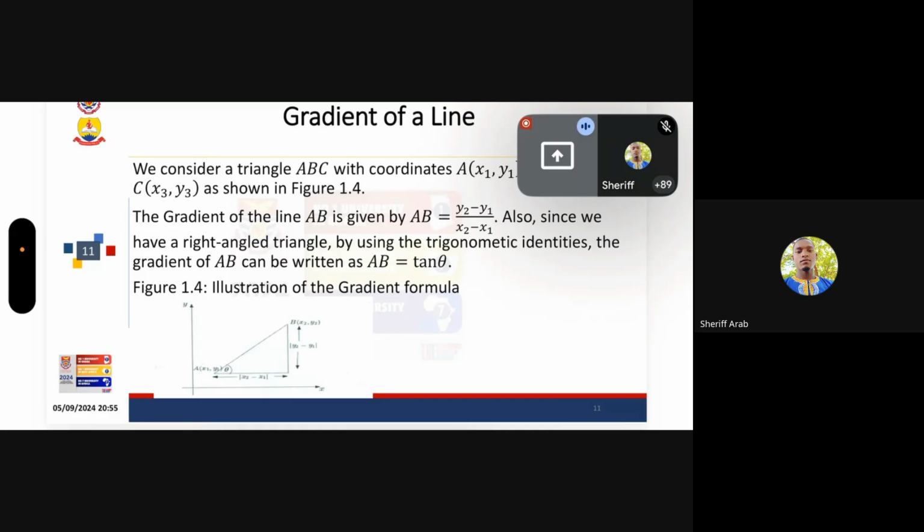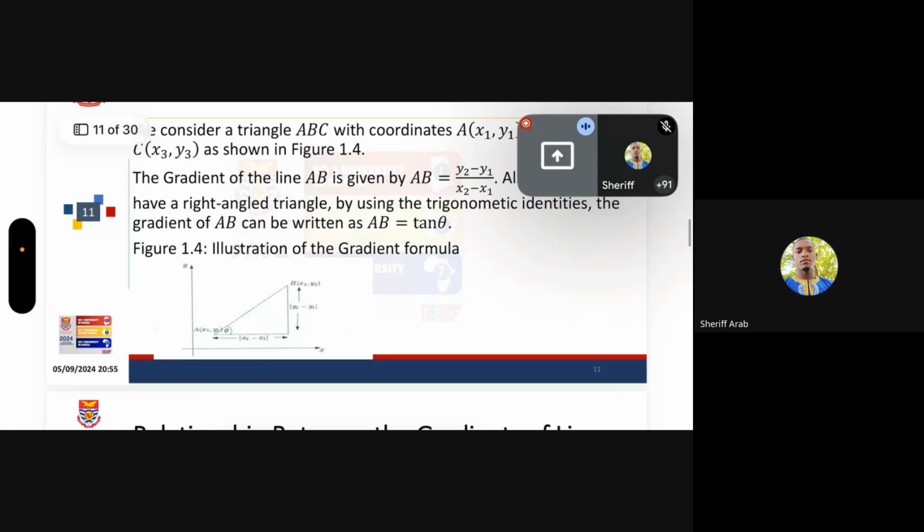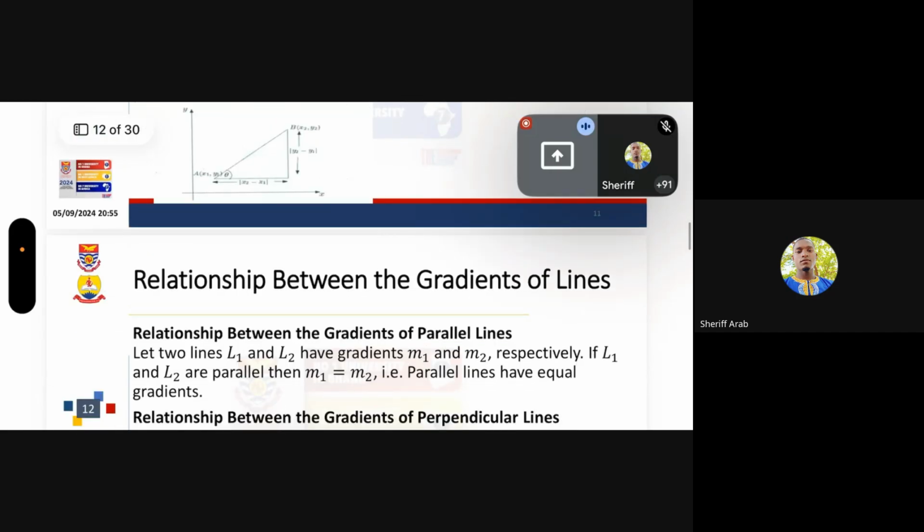Also, since we have a right angle triangle, by using the trig identity, the gradient of AB can be written as tan theta. As I just mentioned, tan theta is opposite over adjacent, which is y2 minus y1 divided by x2 minus x1. So that is the gradient.